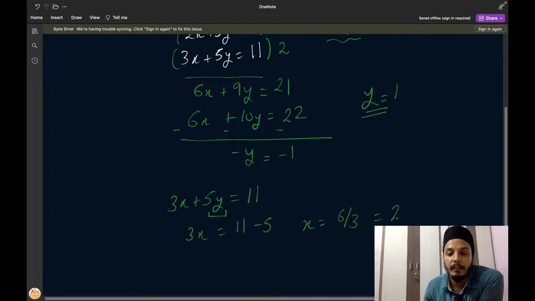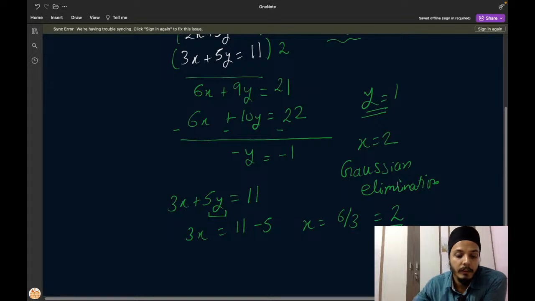So the value of x is nothing but 2. So we have the value of x as 2 and the value of y as 1. This method that we just used here is known as Gaussian elimination.